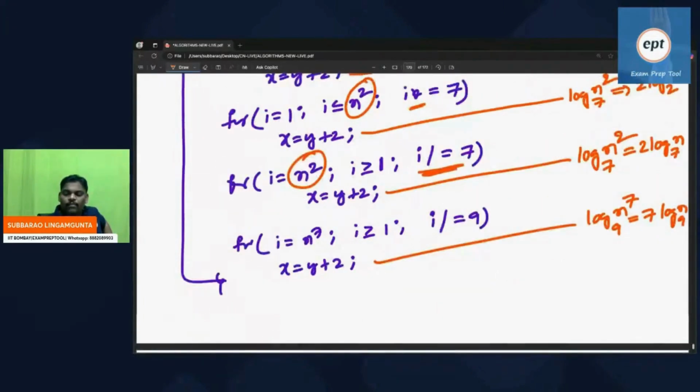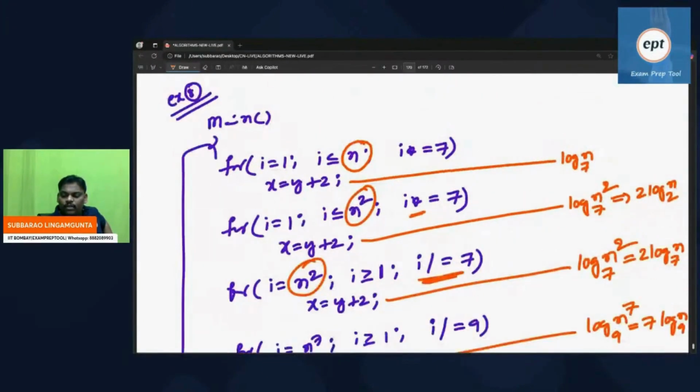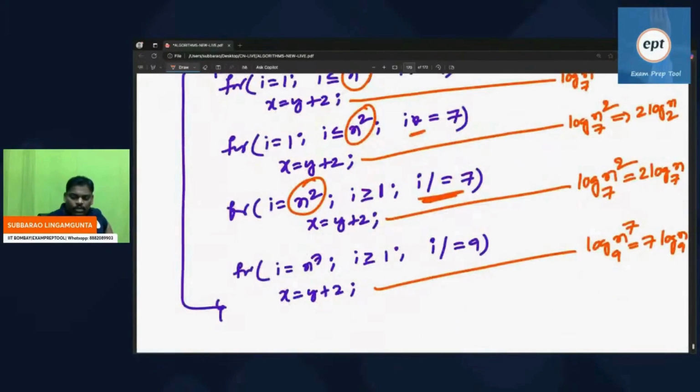Add all of them. First one is log n base 7, second one is 2 log n base 7, plus 2 log n base 7, plus 7 log n base 9.